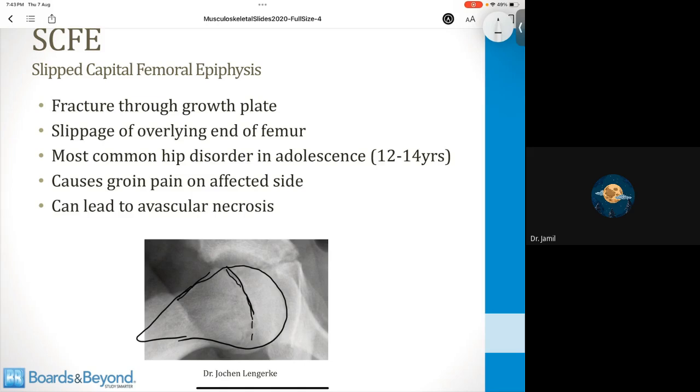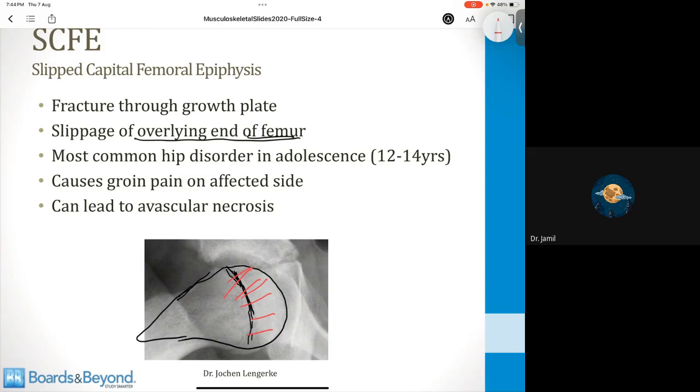So it's slippage of the overlying head end of the femur. Whenever the end of the femur at this joint gets fractured, it slips outward, the same as ice cream falling off a cone. As we know, we have our blood supply here as well, as we discussed, the circumflex is going to supply.